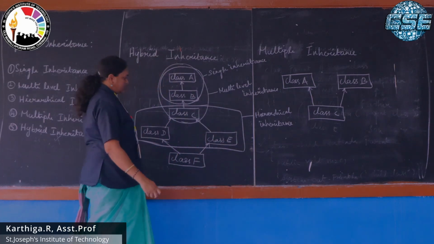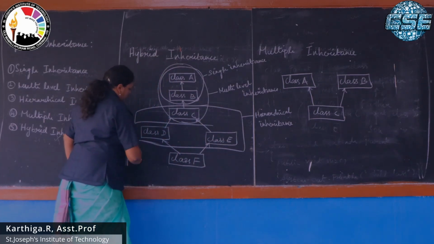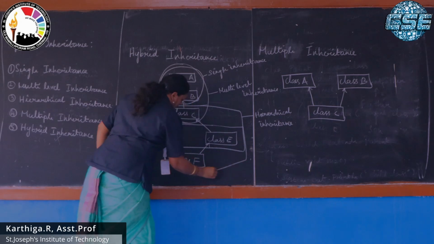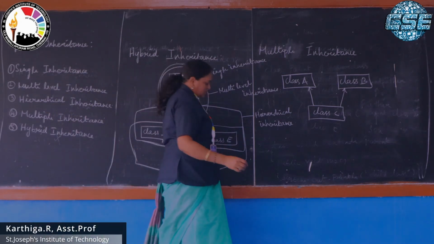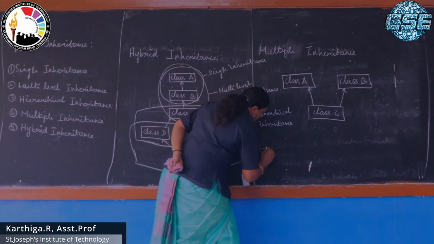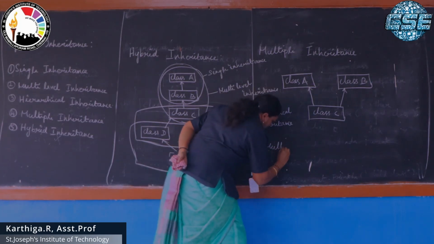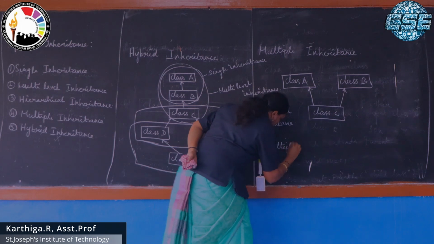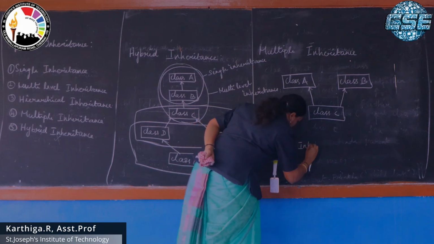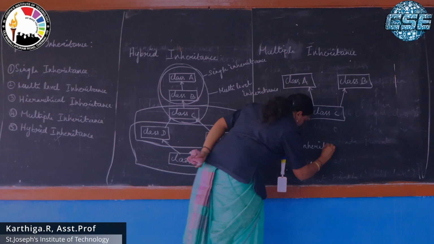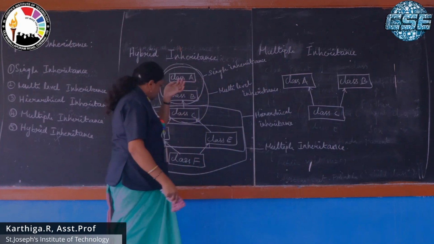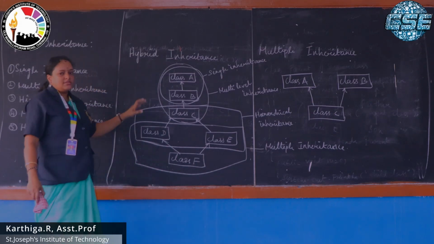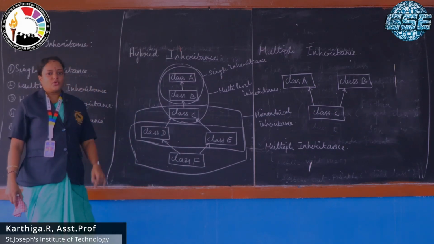Okay, class D, class E, class F. So this inheritance denotes multiple inheritance. So likewise, hybrid inheritance is the combinations of types of inheritance.